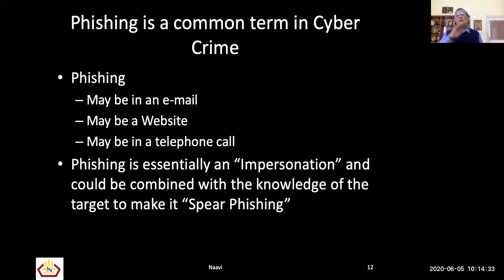That is not the entire crime. Somebody may have a successful phishing, and at the end of it, he may get the reward, which may be the password of the particular person or the credit card number. That is the end of the phishing transaction. Phishing transaction alone cannot result in a financial loss.